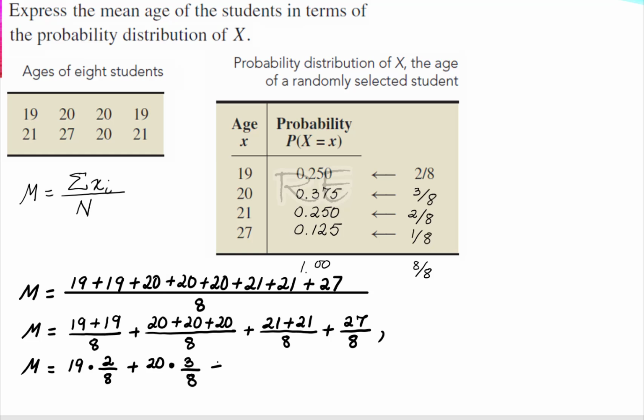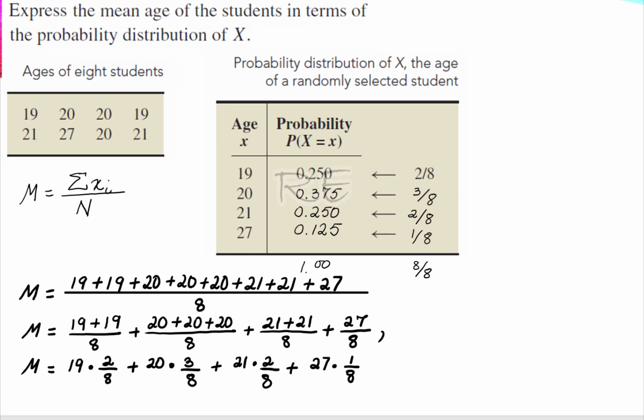We have 2 21s, so it's going to be 21 multiplied by 2 over 8. 27 multiplied by 1 over 8. So it's the number multiplied by its probability, the number multiplied by its probability, and we add them.